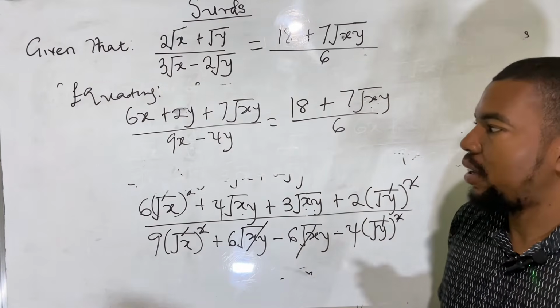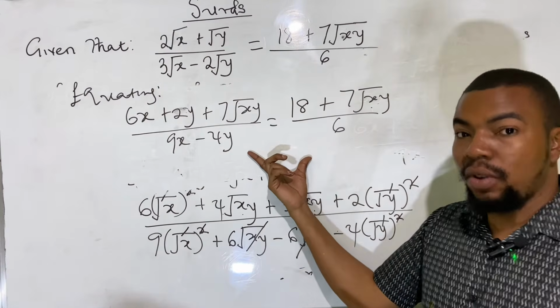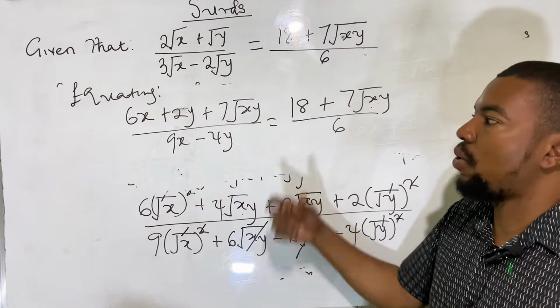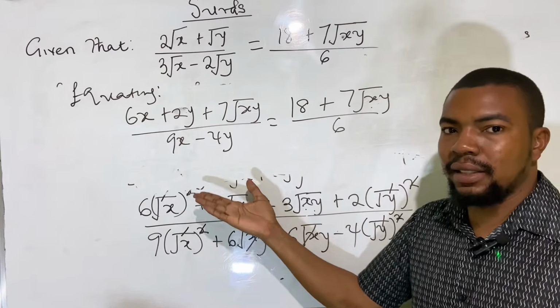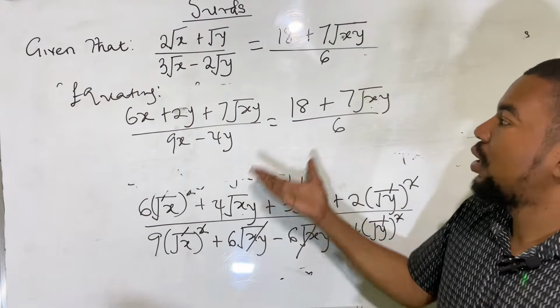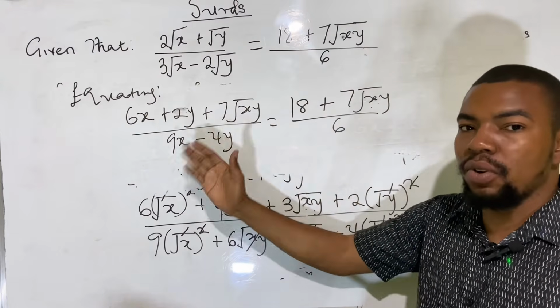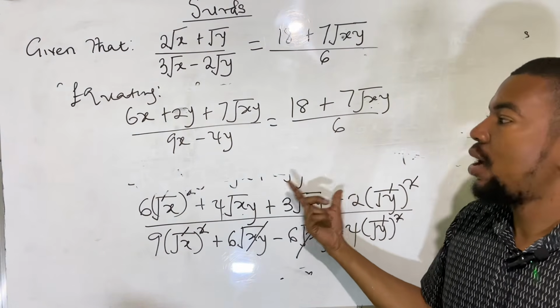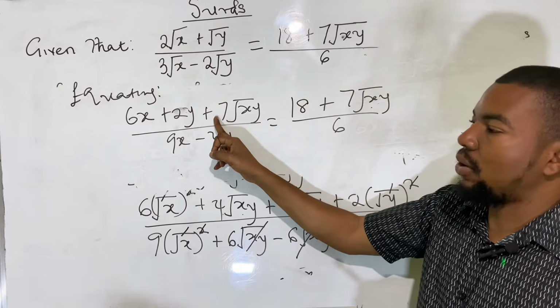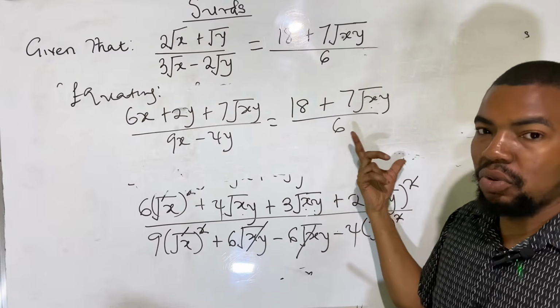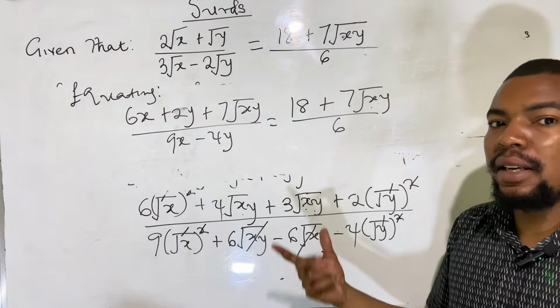So what we do right here is, since they are equal, it means that the rational part on the left equals the rational part on the right, while the irrational part on the left also equals the irrational part on the right.